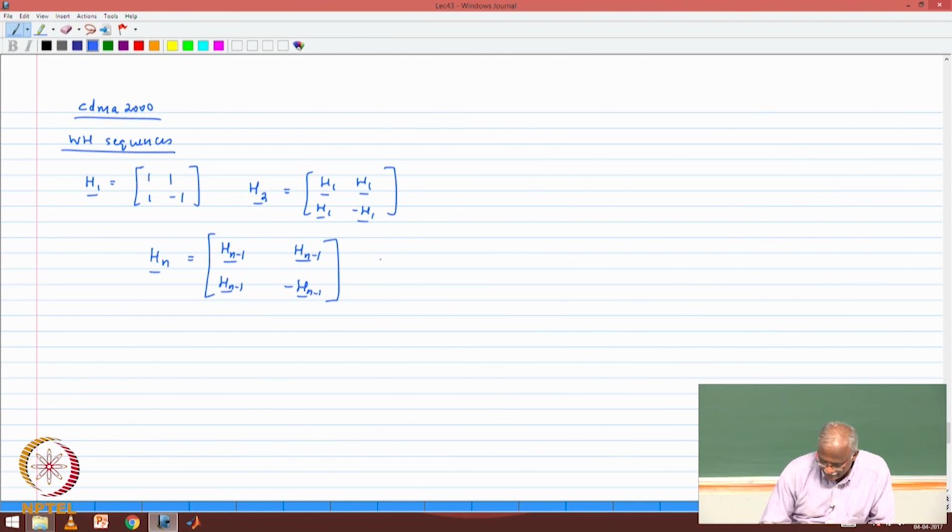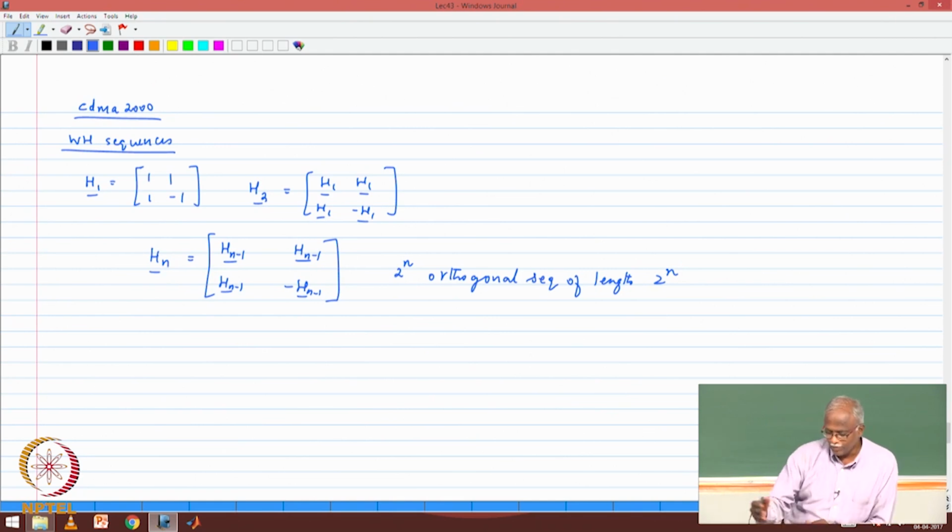So at this stage you will have 2 power n orthogonal sequences of length 2 power n. You can verify. H2 will be 4 sequences of length 4, and Hn will be 2 power n, and they are orthogonal, and again their properties are very, very useful.